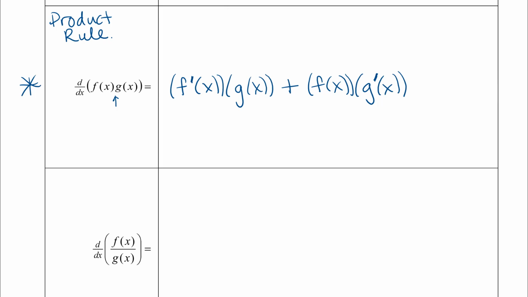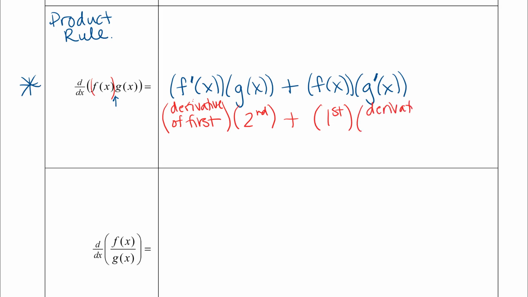But the key thing here is that you have a product of two functions. And so what I've got here in this first parentheses is really just the derivative of that first function. So I will say to myself sometimes the derivative of the first function. My first function is the f of x times the second function plus the first function times the derivative of the second function.